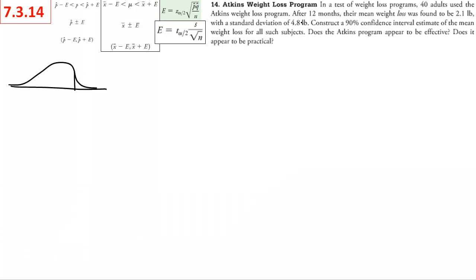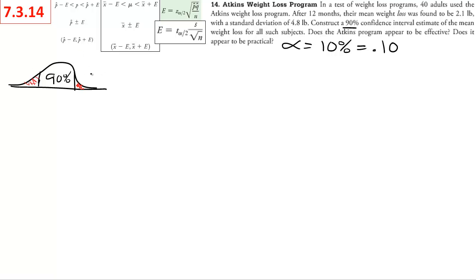According to the question, we want a 90% confidence interval. So we want to cut off 90% right in the middle in our confidence interval, which means alpha equals 10%, or 0.10, which means we have 10% left over in the wings, in what we'll later be calling rejection regions.